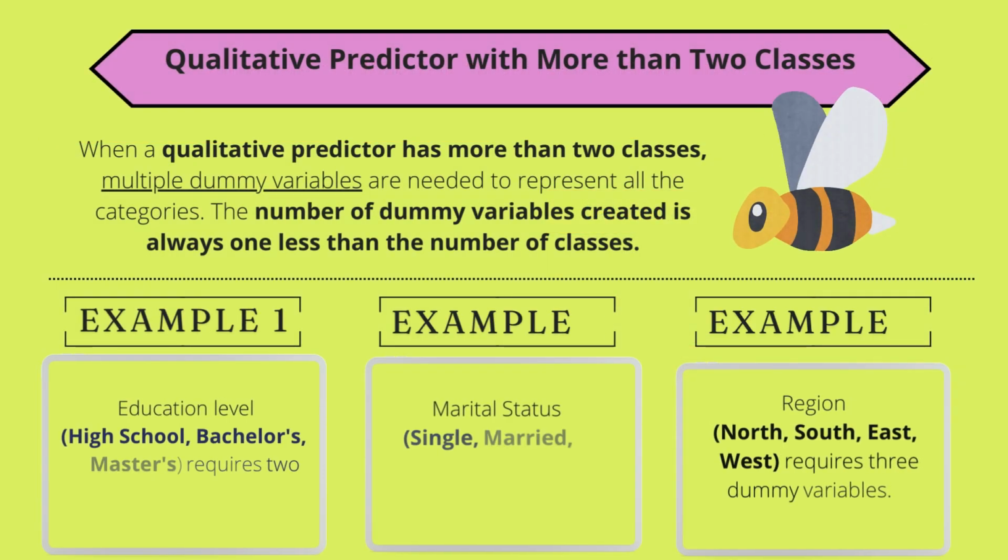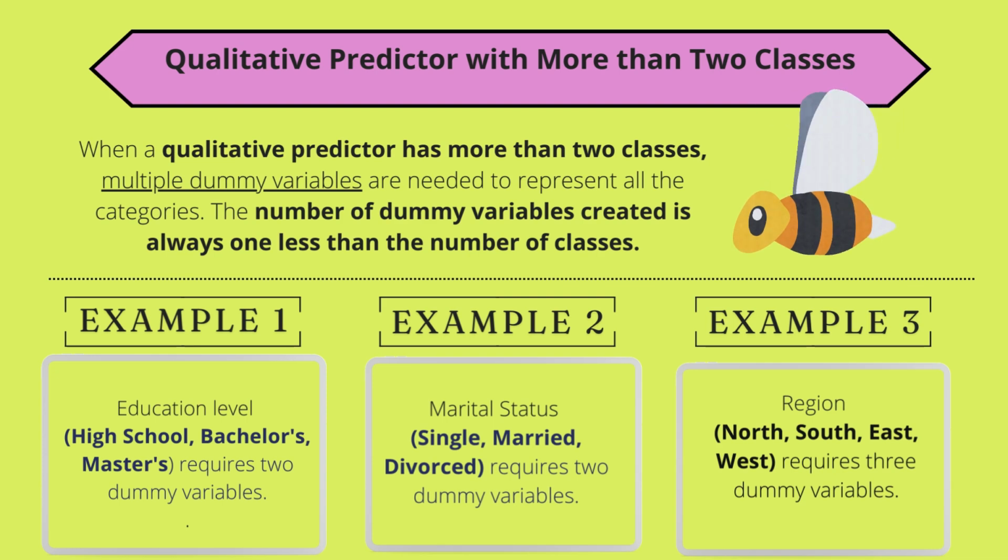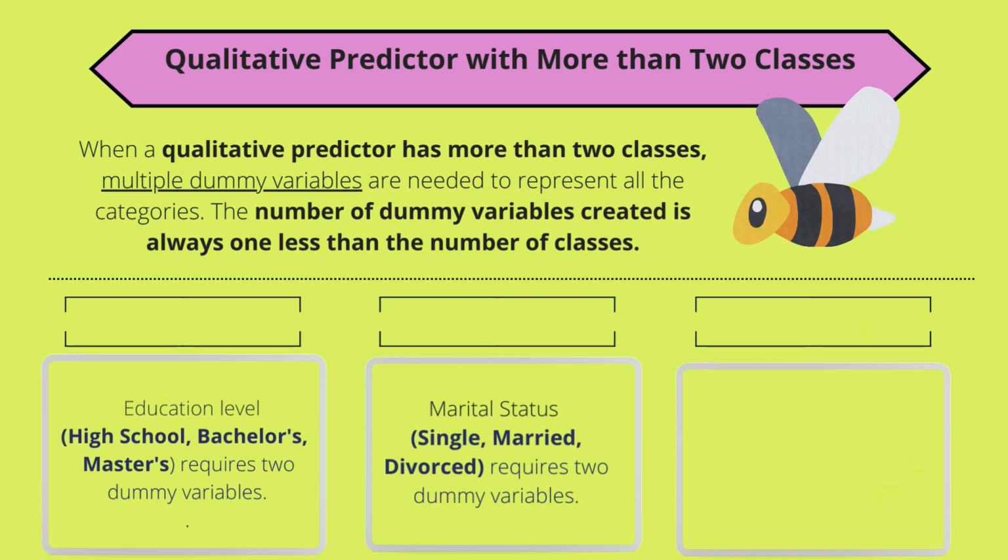For a qualitative predictor with more than two classes, multiple dummy variables are needed to represent all the categories. The number of dummy variables created is always one less than the number of classes. Those are the examples of variables with more than two classes.